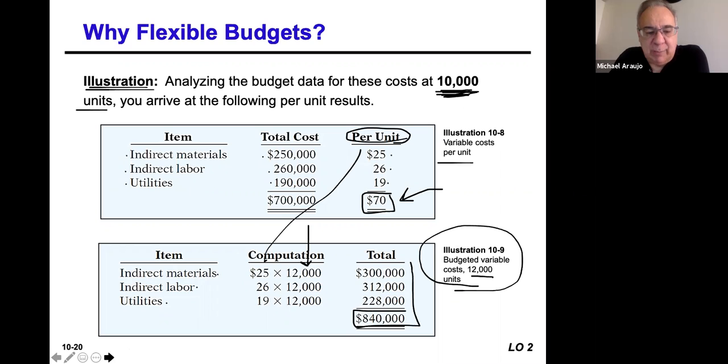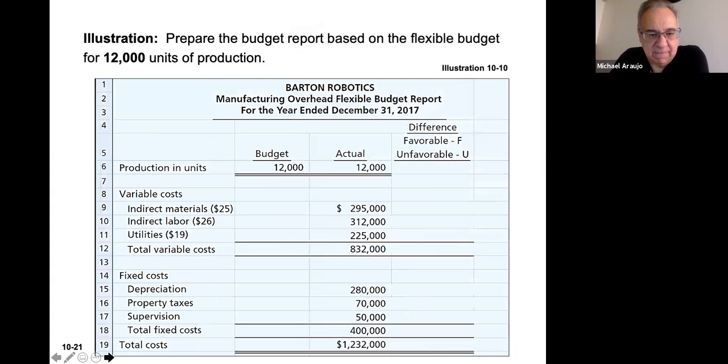So why don't we compare what a budget for 12,000 units would have looked like compared to an actual 12,000 units being produced. Now we can actually look at a budget for 12,000 and compare it really with the actual amount. Of course, we already know all of these numbers because they were given to us in the previous illustration.